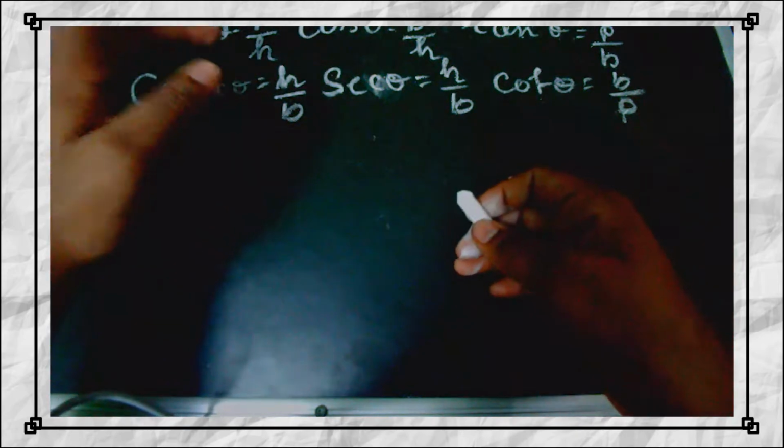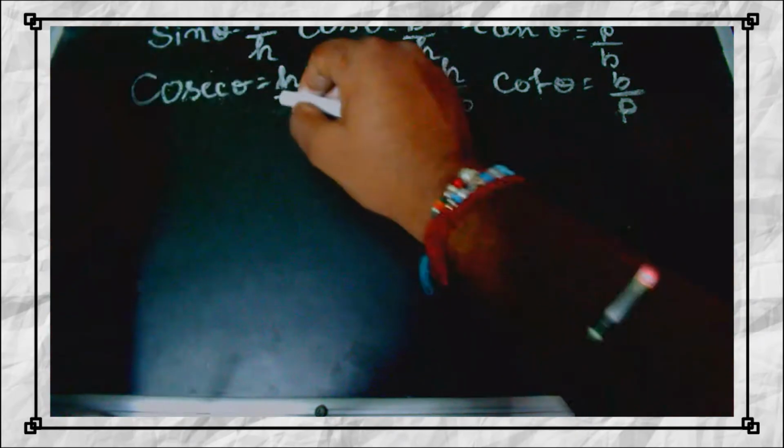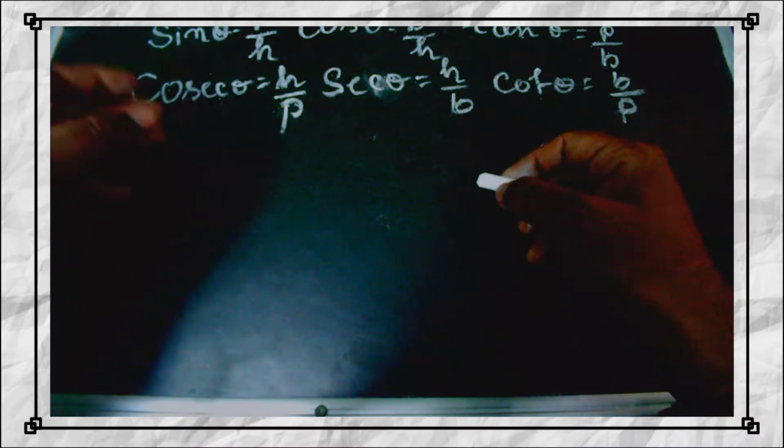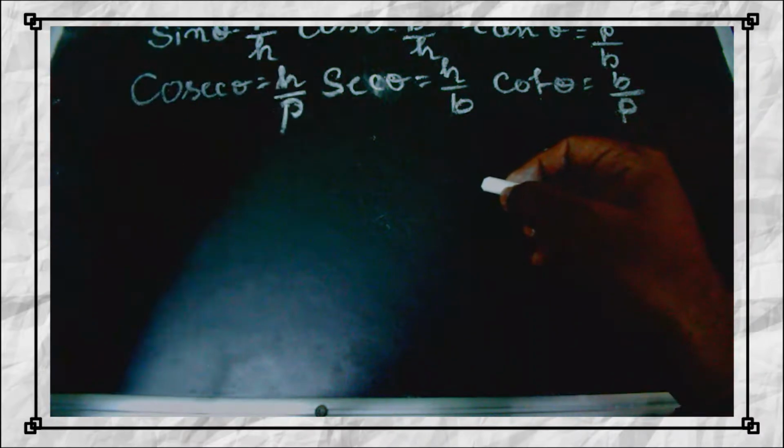So as we can see, sin theta equals perpendicular by hypotenuse and cosec theta equals hypotenuse by perpendicular. So cosec theta is actually the reciprocal of sin theta.